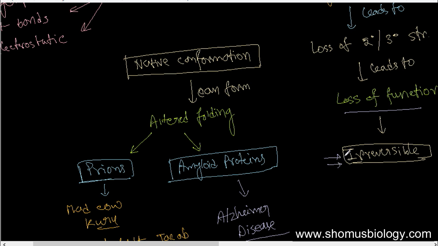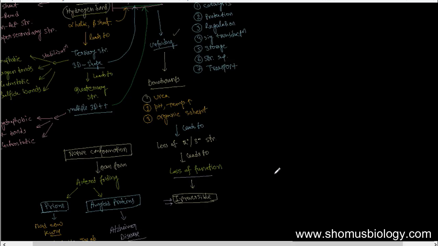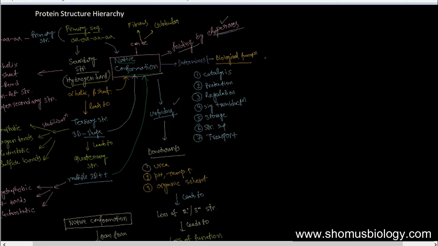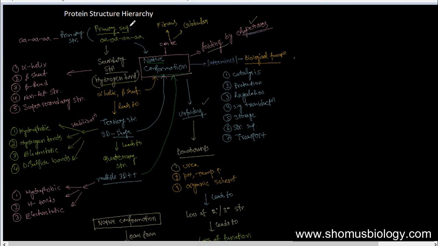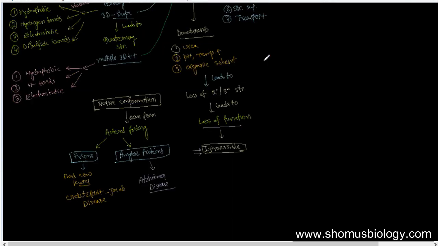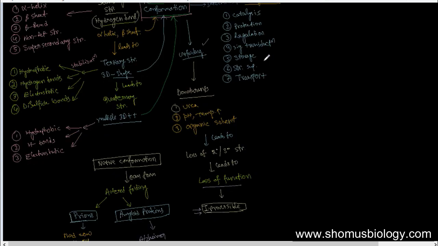So this is in a sense an overall idea about proteins, their structural hierarchy, the functions of proteins, folding, misfolding, and how misfolding leads to different diseases. So again, this is the overall big picture, protein structure hierarchy.